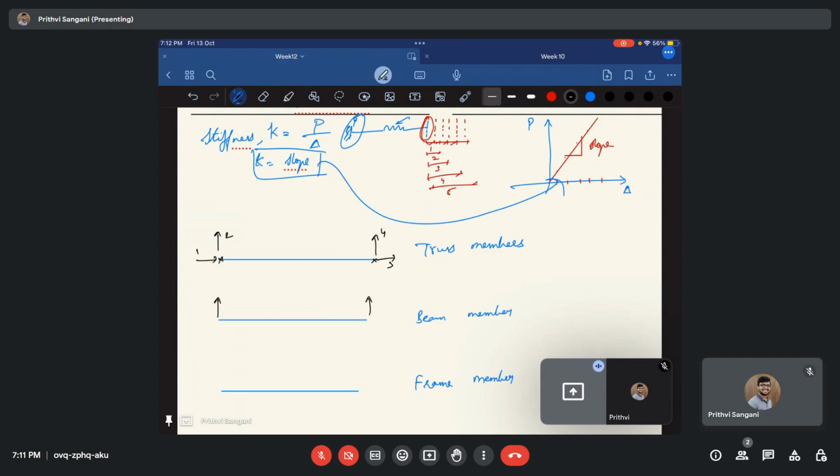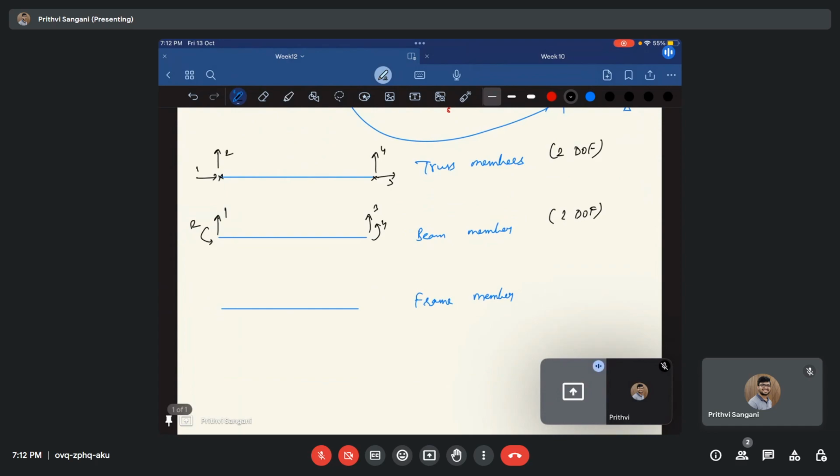And in addition to this, we can also have a joint rotation, okay. So let us say 1 2 3 4, we have 1 2 3 4, okay. So again, 2 degrees of freedom at each joint.